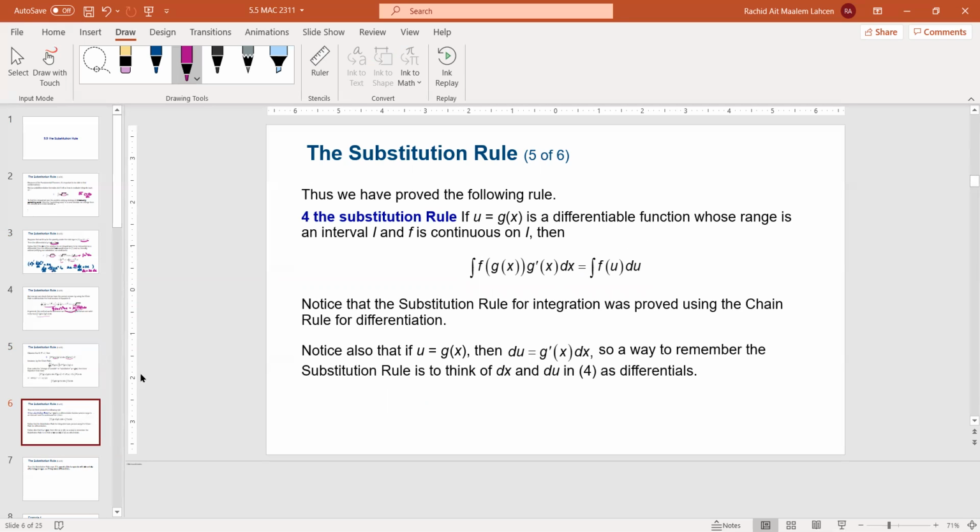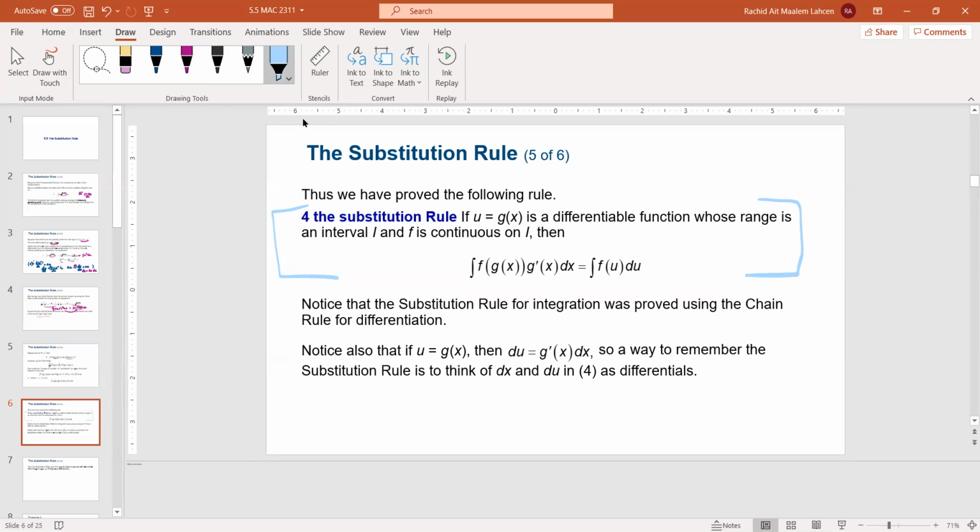The substitution rule says if you have u equal to g of x, a differentiable function whose range is an interval I, and f is continuous. So f is continuous and g prime is differentiable.